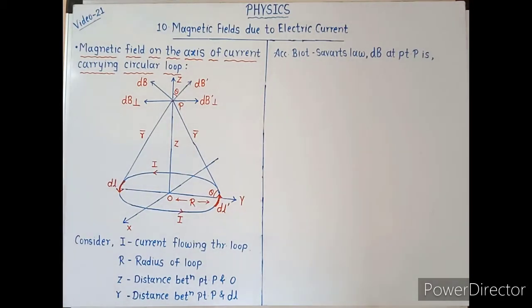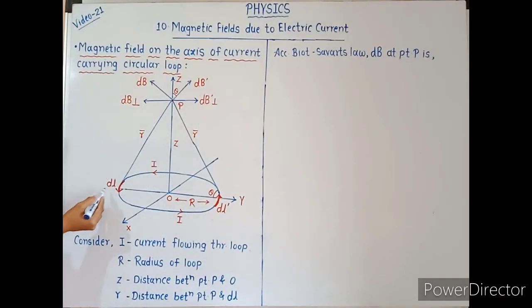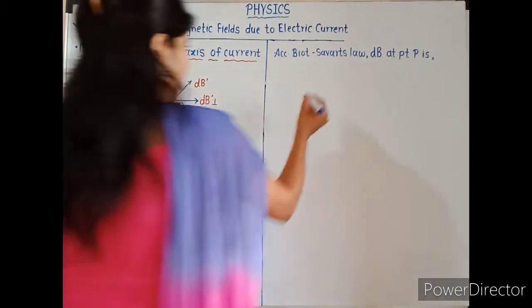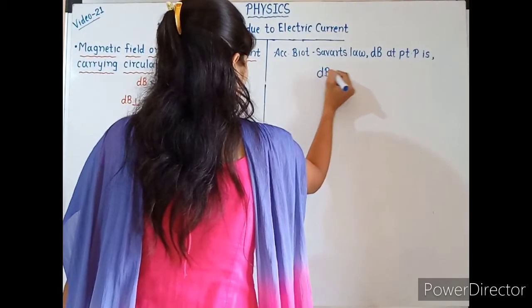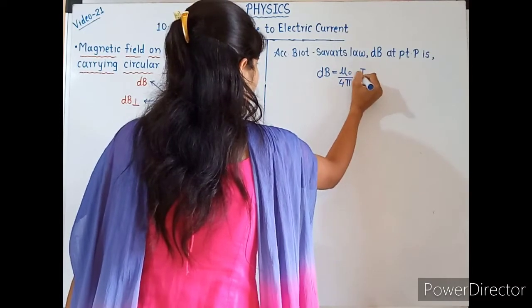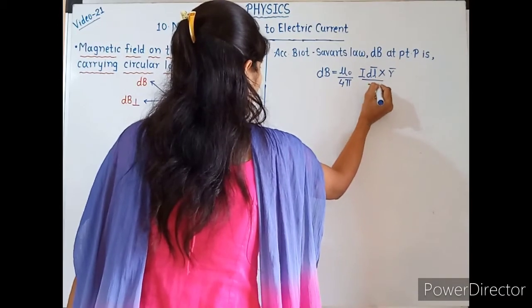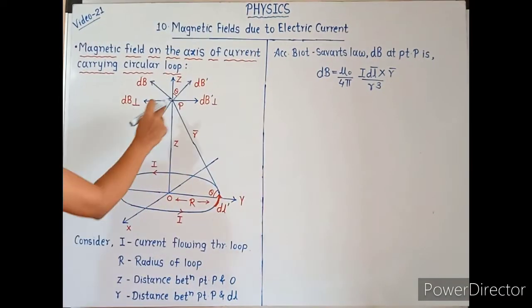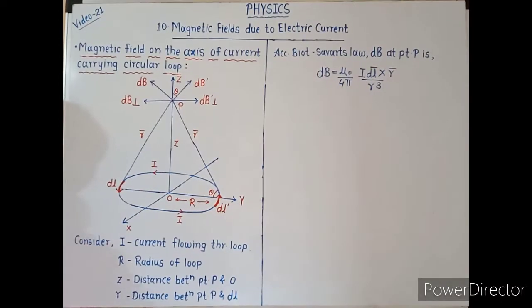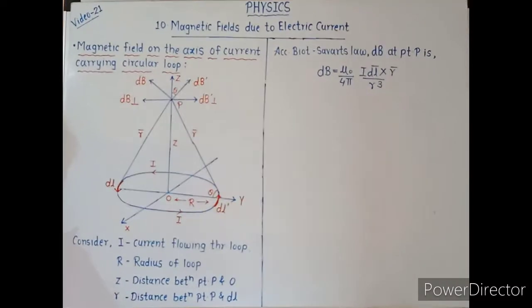According to the Biot-Savart law, the magnetic field dB produced at a point P due to this small length element dl is given by the formula dB is equal to mu 0 upon 4 pi I into dl bar cross r bar upon r cube.